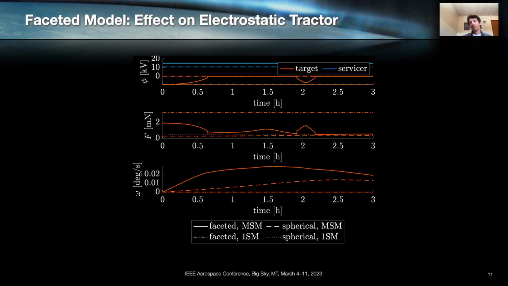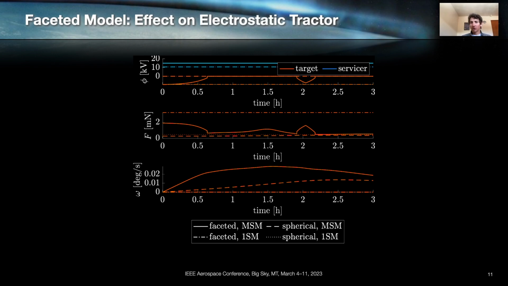And as a result, what I'm showing here is a simulation of the electrostatic tractor debris removal process in geostationary orbit, where the two spacecraft are separated by 15 meters. For 3 hours, the servicing satellite is tugging the debris using those electrostatic attractive forces. Again, we use the four models as on the previous slide.